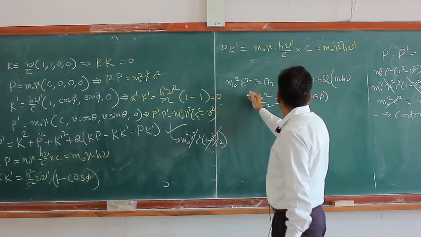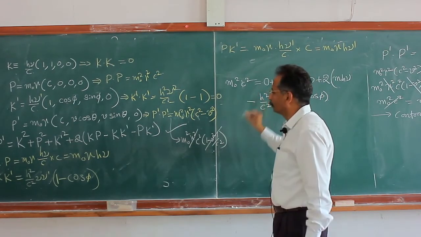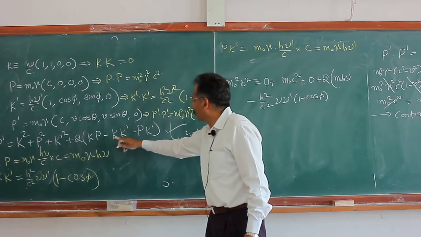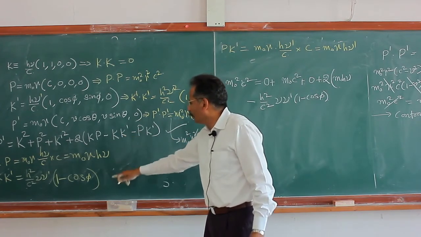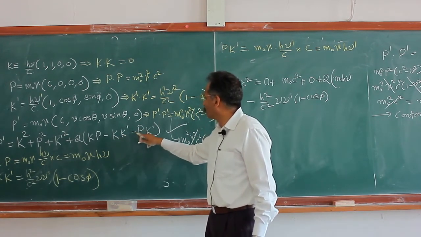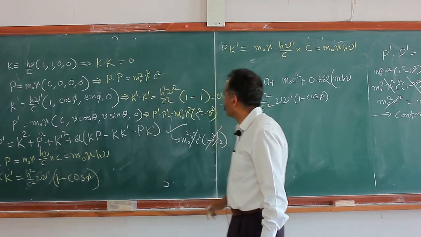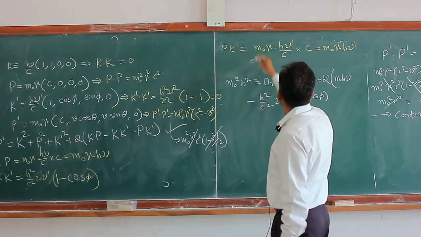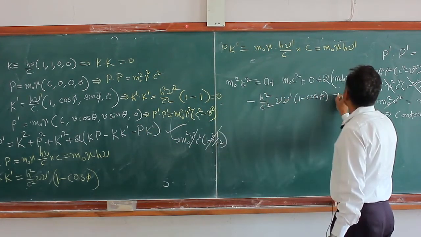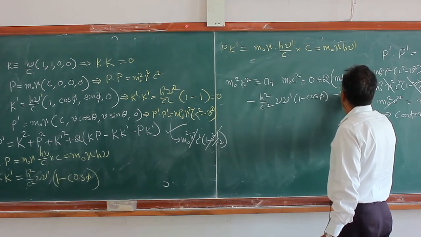This is with minus sign. Then pk dash is m0 h nu dash with a minus sign.